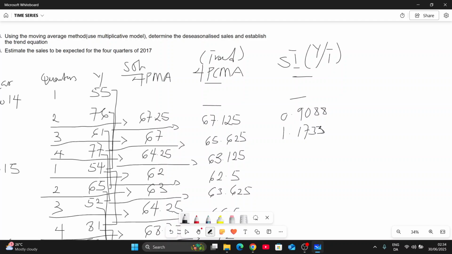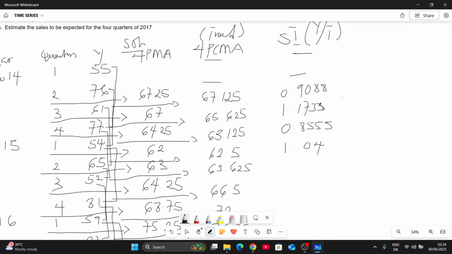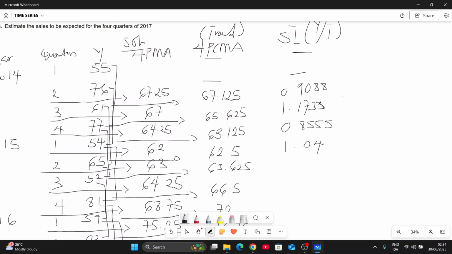We have 54 divided by 63.125, 0.8555. The next one will be 65 divided by 62.5, 1.04. Then 52 divided by 63.625, 0.8173.